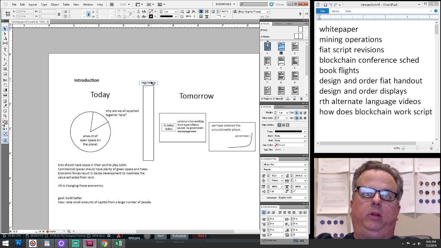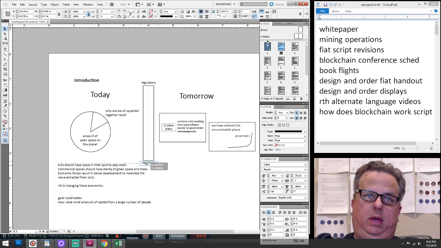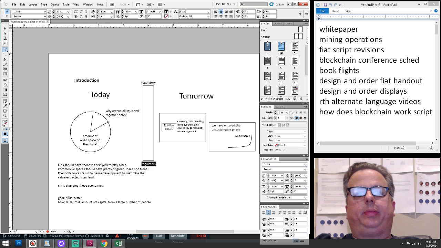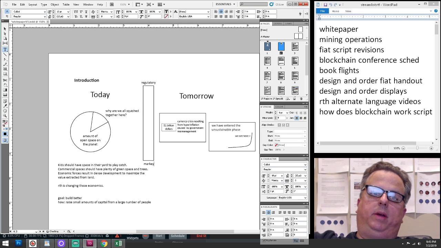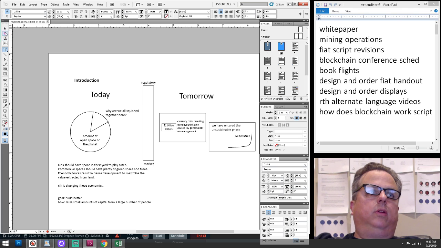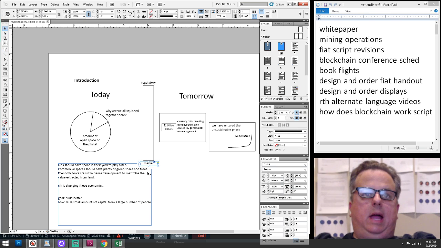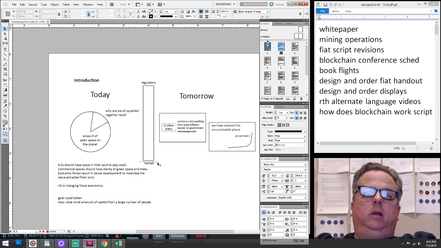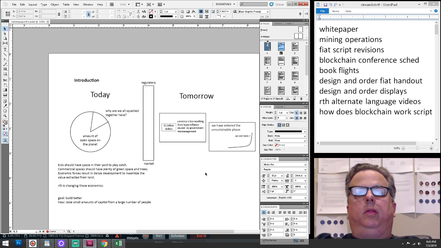But also not only from a regulatory perspective, but also from a market perspective. So right now, the market needs this.